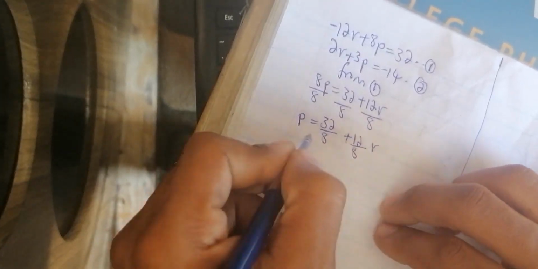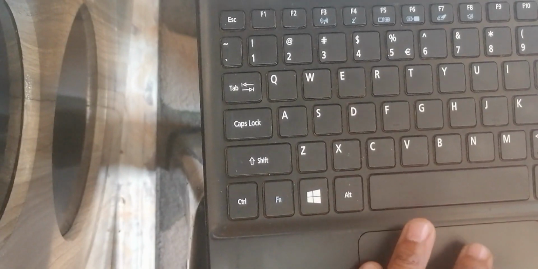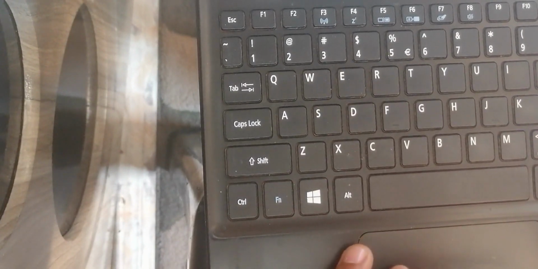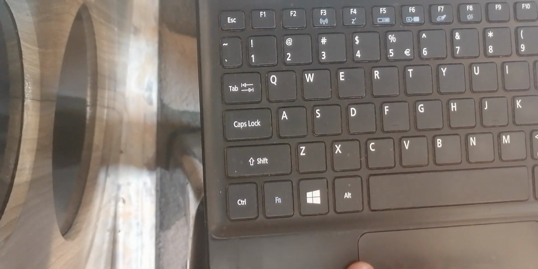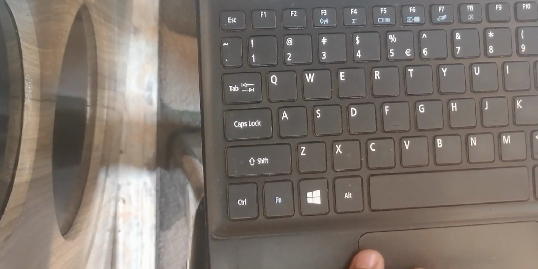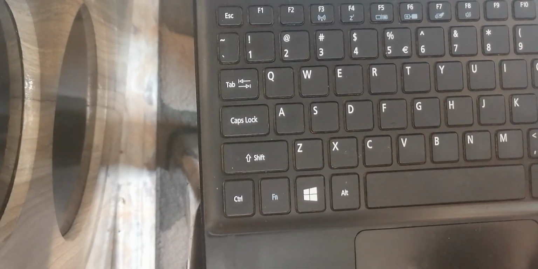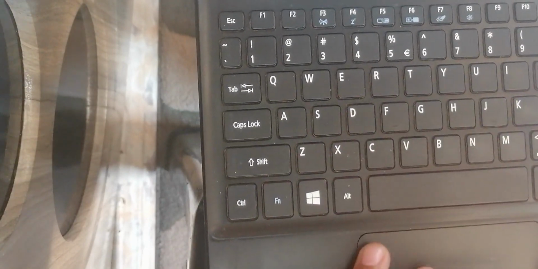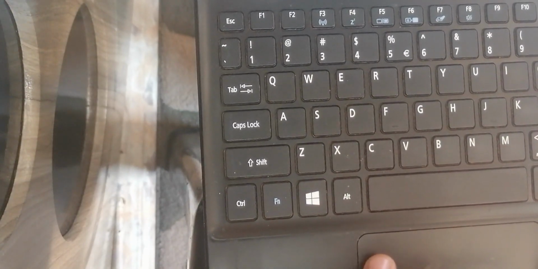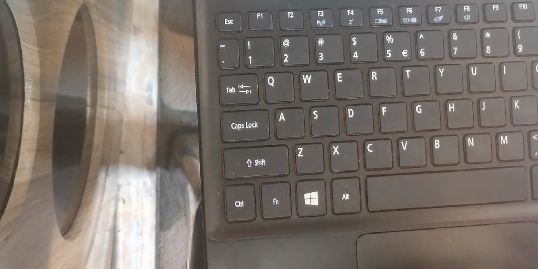And let's see if there's any possibility of simplifying some of the terms there. 32 divided by 8 would give us 4, and 12 divided by 8 would give us 3/2.